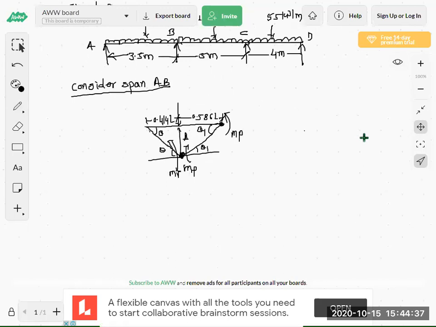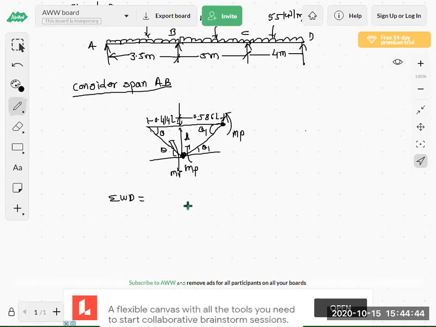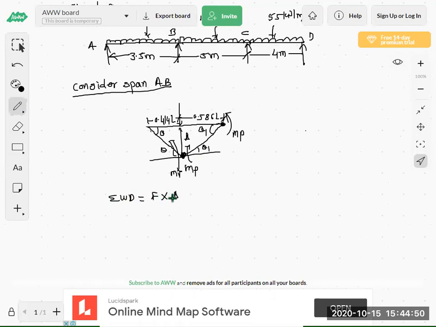Now we have to calculate the external work done. External work done is force into displacement.